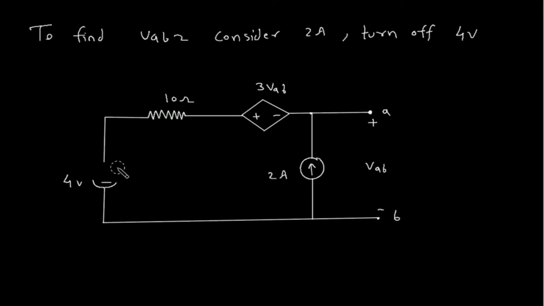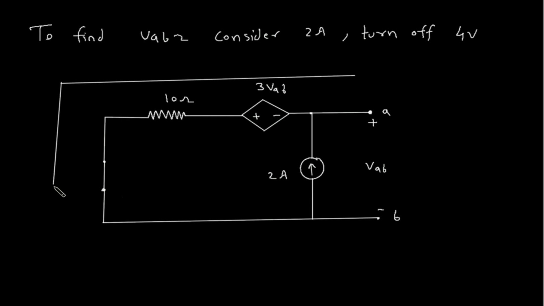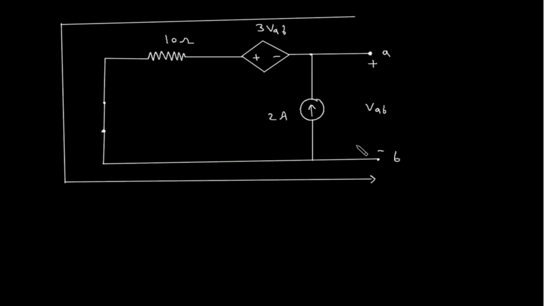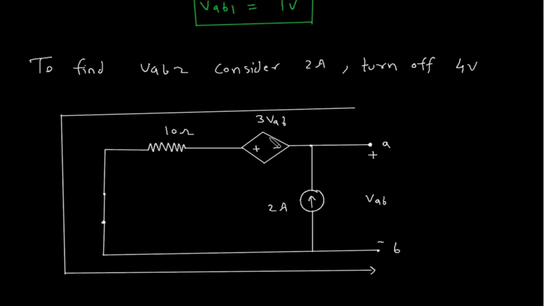Now when we turn off the voltage source, that time it will be a short circuit. So this will be short circuited. Now we will apply KVL to the outer loop. Let's say we will start from here. So this will be minus VAB, this will be VAB2 because we are finding VAB2.